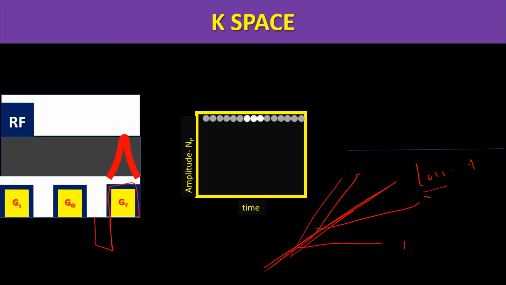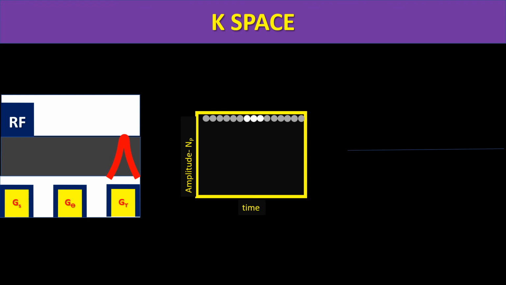To avoid this loss of signal, I have given a reverse gradient first. So there is dephasing happening here. Now when I give the actual frequency encoding, they will all undergo rephasing. So the signal will improve and then again it will fall down, and that's how we measure the signal.